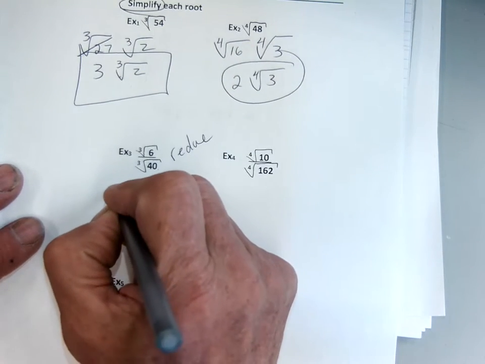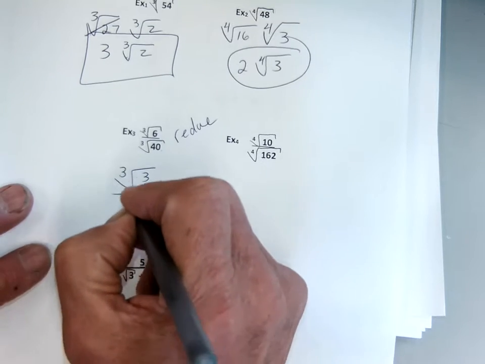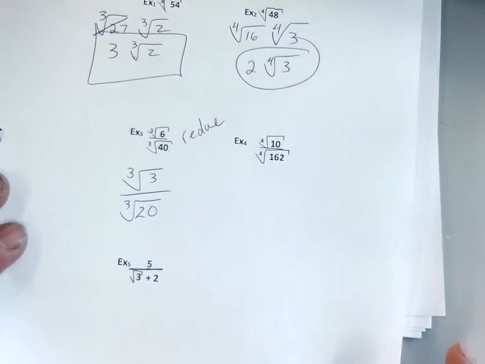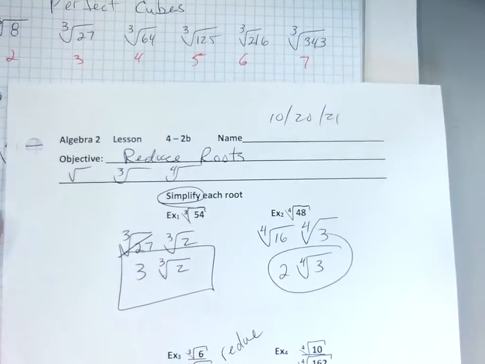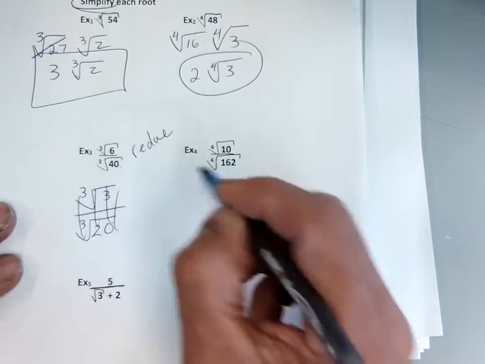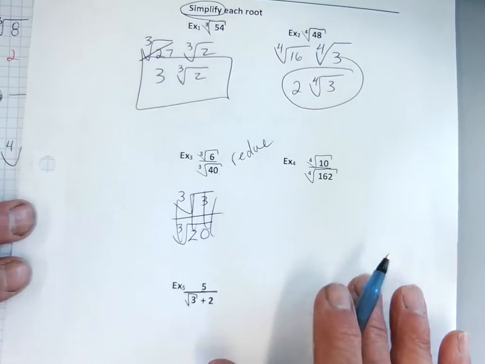So I'll make it the cube root of 3 over the cube root of 20, okay? Do I want to do it that way? Oh, no, I want to do it a different way.